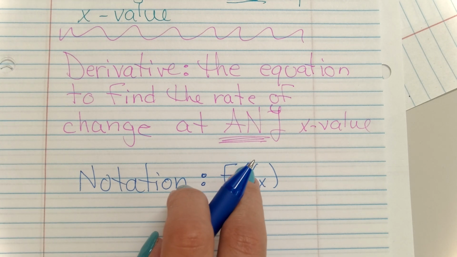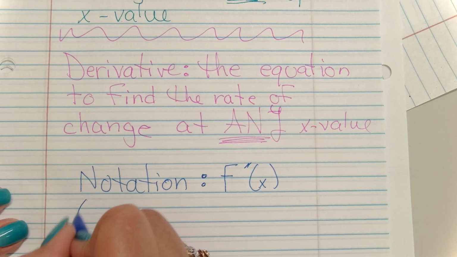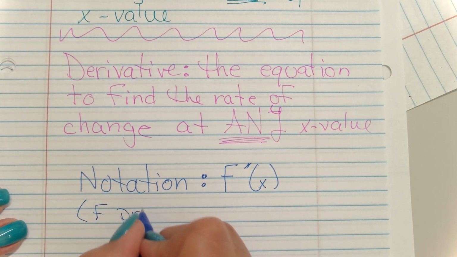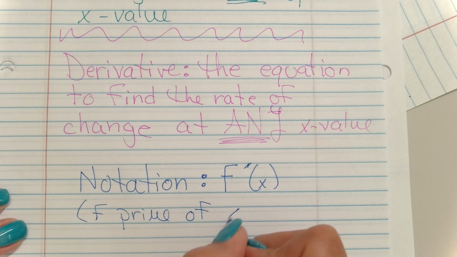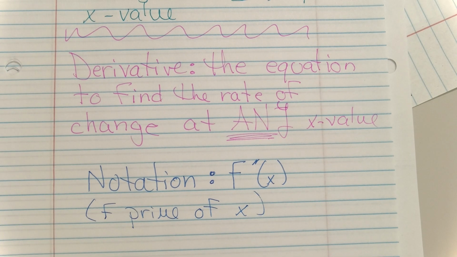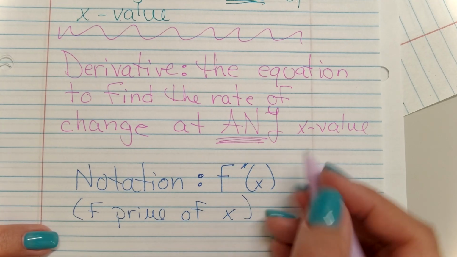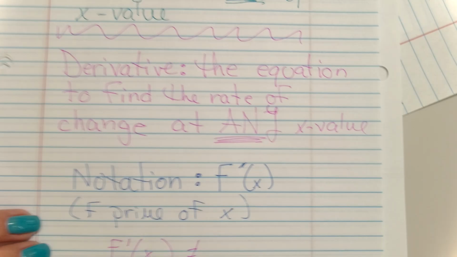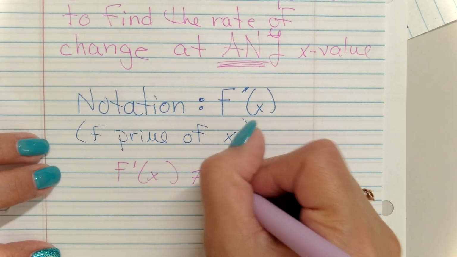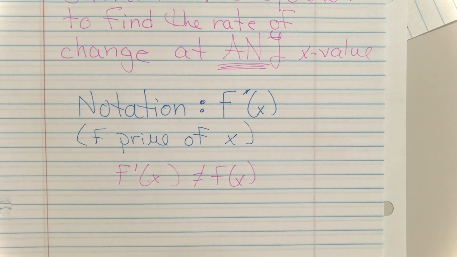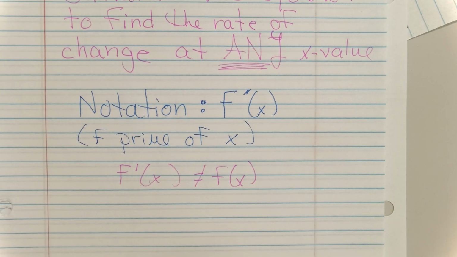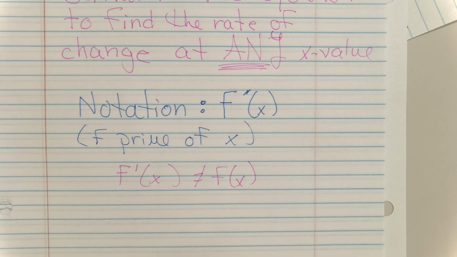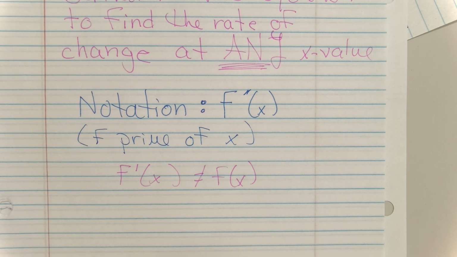This prime shows that this is the derivative. So we say f prime of x. Again, this notation, f prime of x, is not the same as f of x. They are not the same. There will be a couple instances where they are exactly the same, but we still have to denote it f prime.